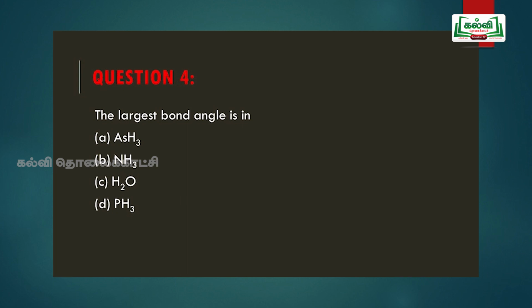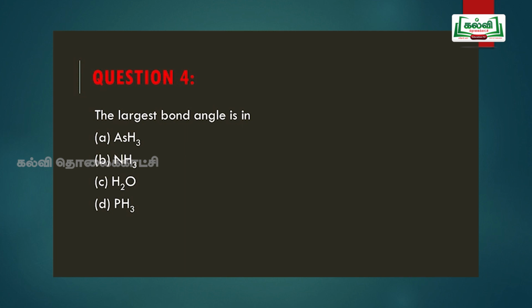See, arsenic hydride, ammonia and phosphine have only one lone pair of electrons, whereas water has two lone pairs. So all have the same hybridization, but option C differs in lone pair of electrons. So water has the lowest bond angle.